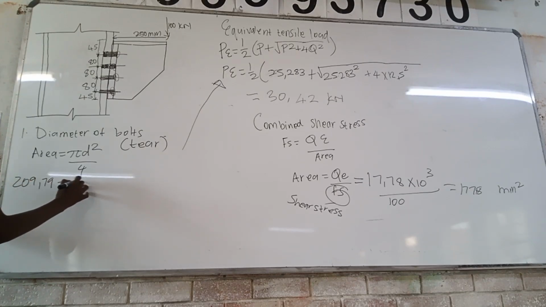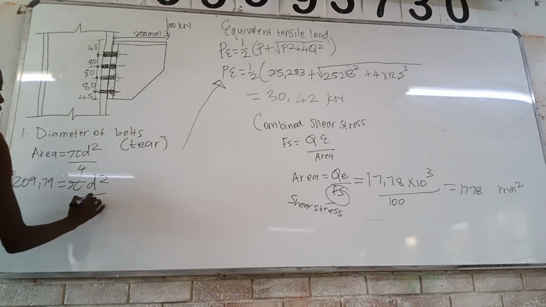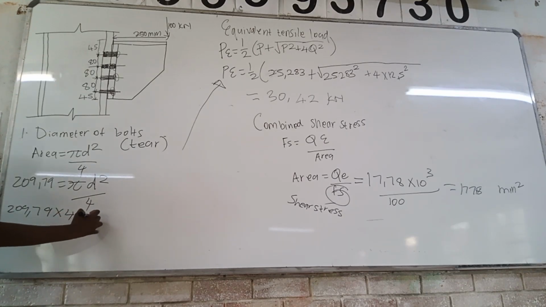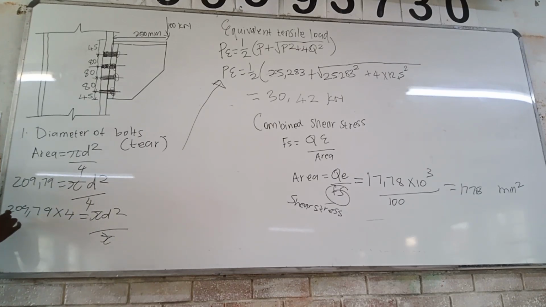209.79 is equal to pi times d squared over 4, where d is unknown. What do we do from here? We have 209.79 times 4 is equal to pi d squared. Then divide by pi, because we want d squared, not pi d squared. This pi cancels this one.